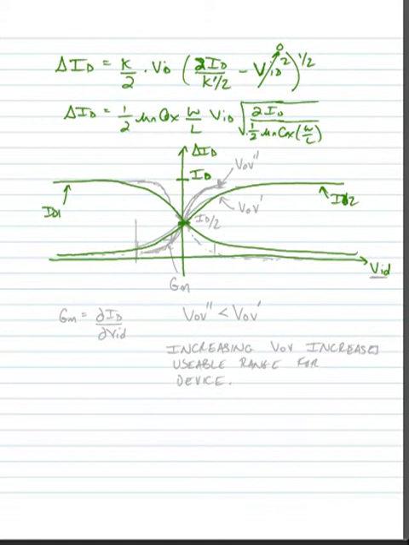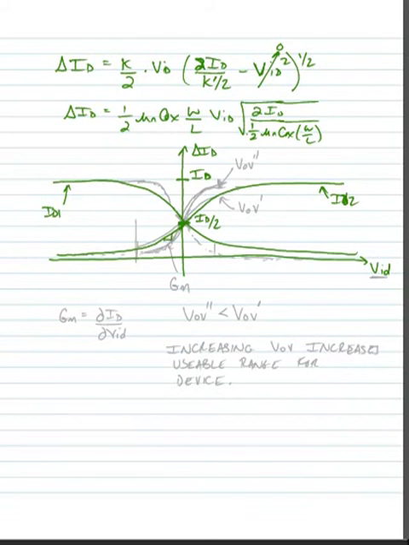They would cross the y-axis at ID divided by 2. In other words, when the differential voltage is equal to 0, half the current would go through one transistor and half the current would go through the other.